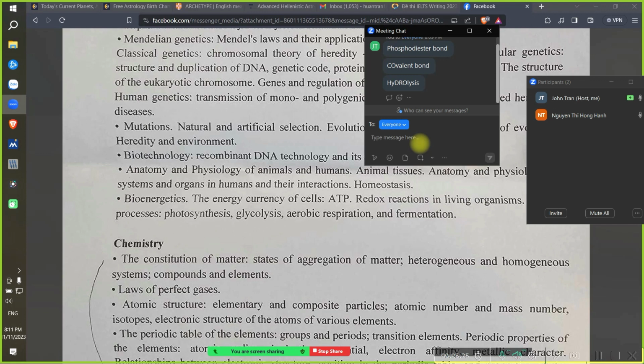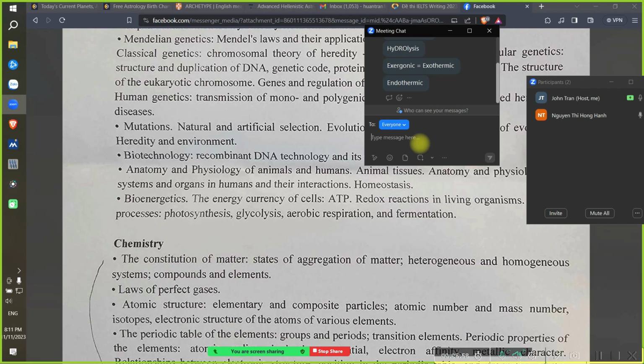So this kind of reaction is called an exergonic reaction. Or we can call it exothermic. Yeah, let's use the word exothermic. It releases energy.